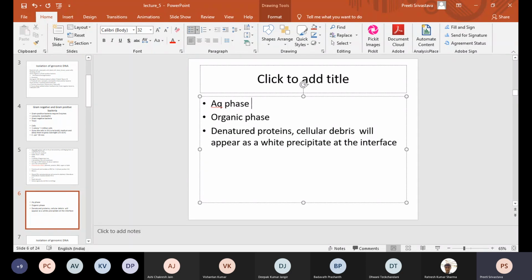The aqueous phase will contain the genomic DNA and also the plasmid DNA.